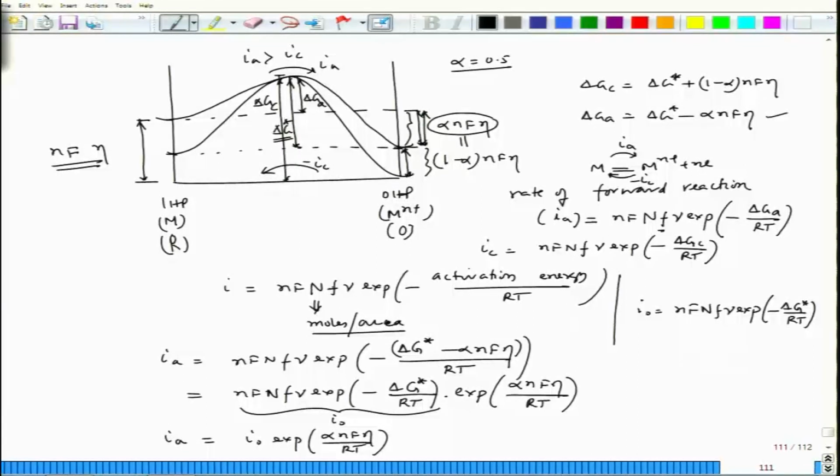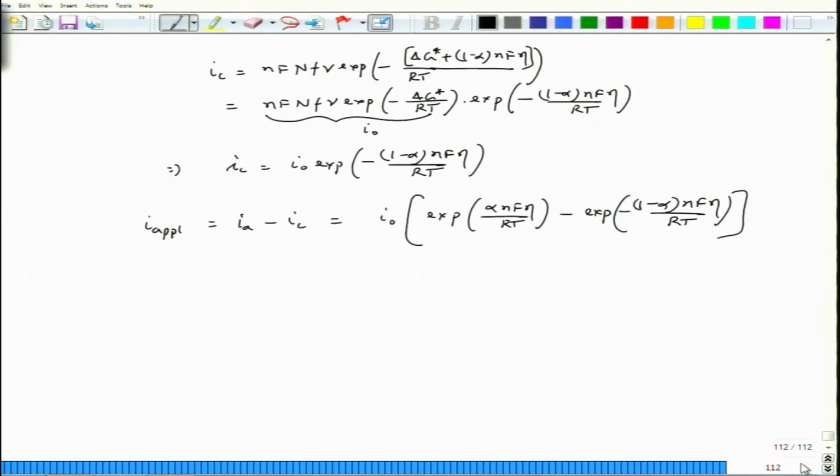You can also reverse it: instead of taking alpha, you can take 1 minus alpha, and that time it will be the reductive symmetry factor, and in this case we are considering the oxidative symmetry factor.